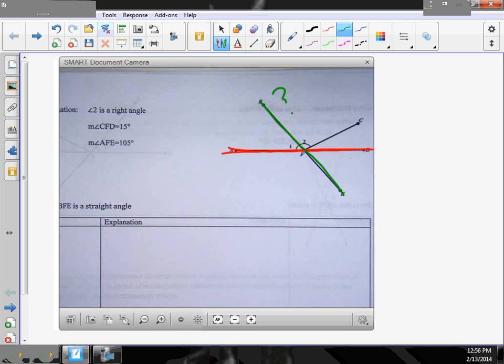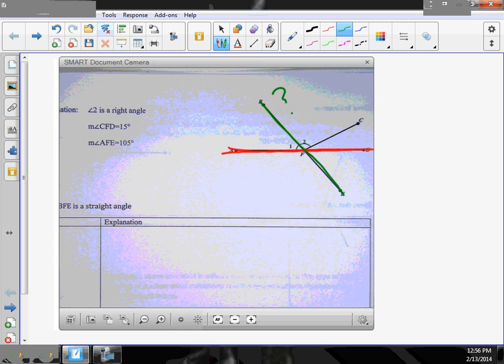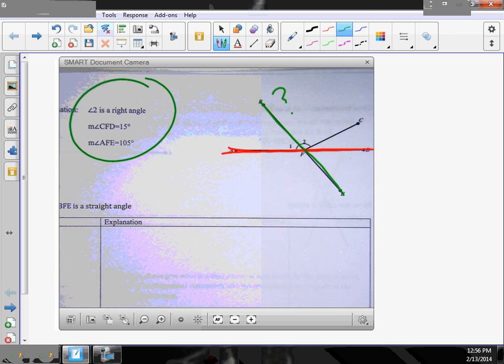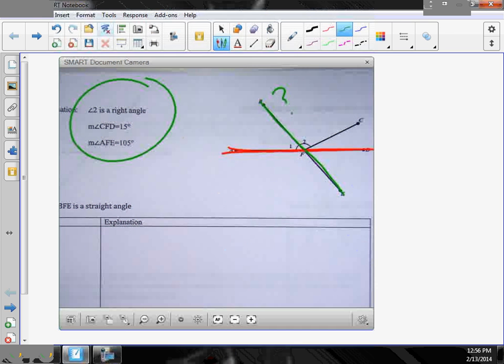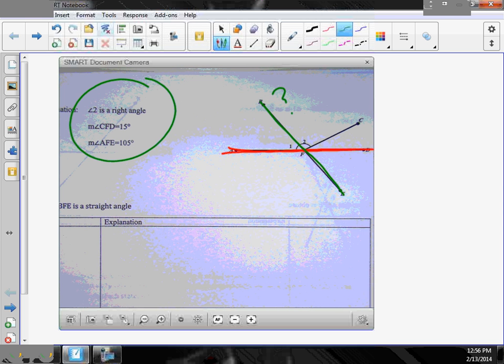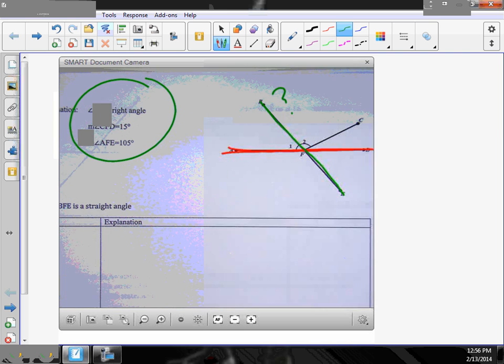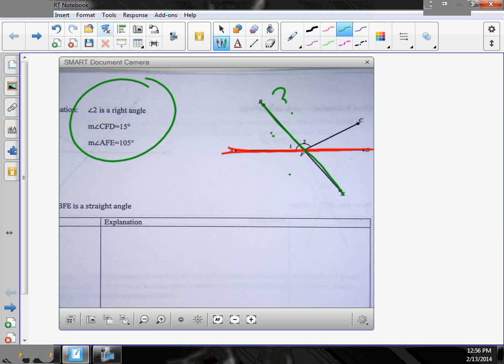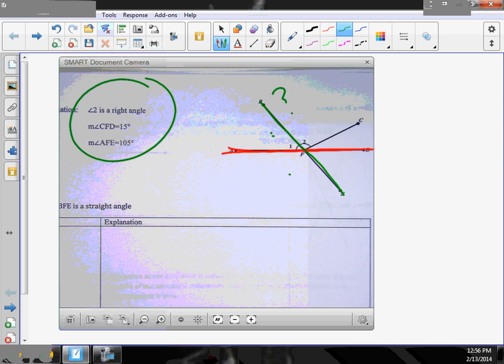So given that AFD is straight and these 3 other facts, a right angle, a 15-degree angle, and a 105, can you prove that the green line is straight? And then once you prove that the green line is straight, you need to prove that these 2 angles are a linear pair. So once you know that the green line is straight, then you can prove that it's a linear pair, which is super easy to do. Supplementary and adjacent.